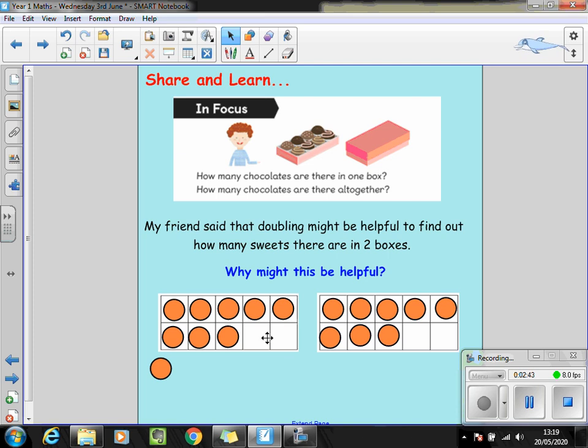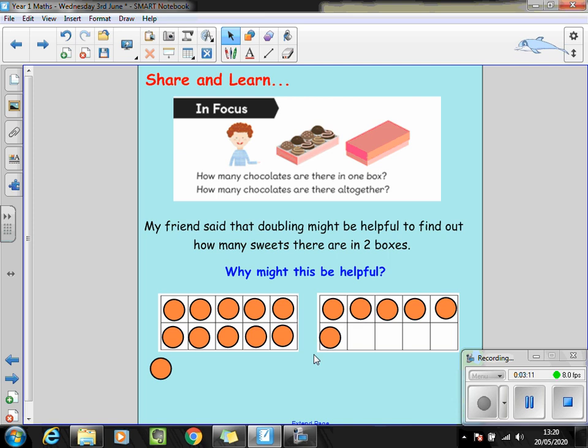We haven't quite made 10, so what I'm going to do is take 2 of those chocolates from the tens frame in the second box to fill up my first gap. And you should know, because it is full, that now shows us 10. And then I can count on 10, 11, 12, 13, 14, 15, 16. There are 16 chocolates altogether.